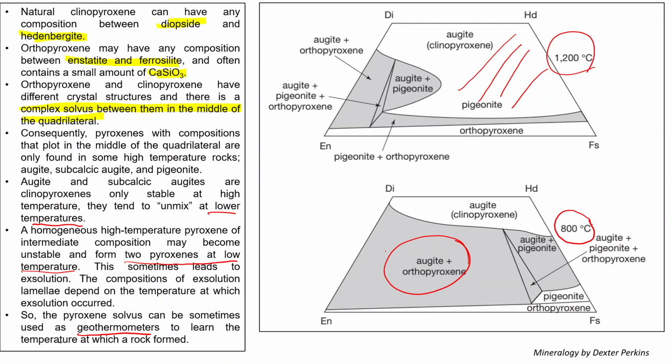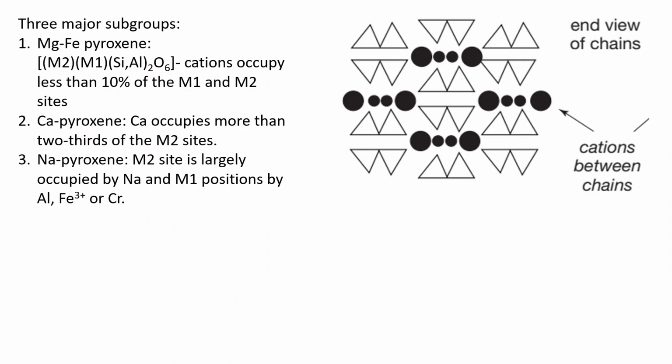So if a question is asked, give examples of minerals which can be used as geothermometers, then pyroxenes are one very good example. If we look at the pyroxenes, they can be considered broadly in terms of three major subgroups. That is MgFe pyroxene, in which the general formula is M2 M1 Si2O6.